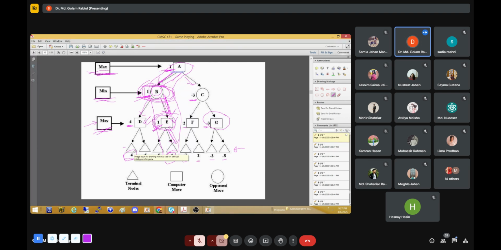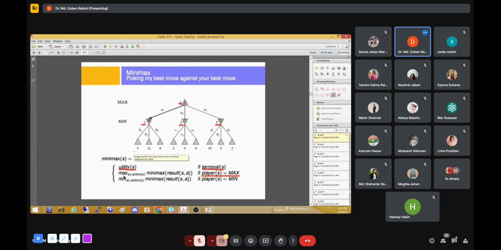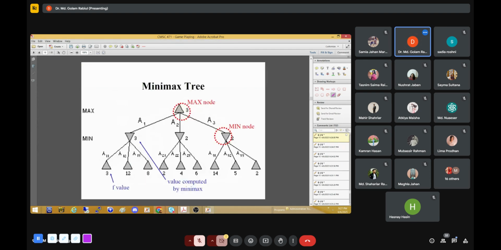But actually the algorithm works using the depth first procedure. Okay, depth first procedure. So that's why if we apply the minimax procedure in this tree, then I think it will be better to understand it.